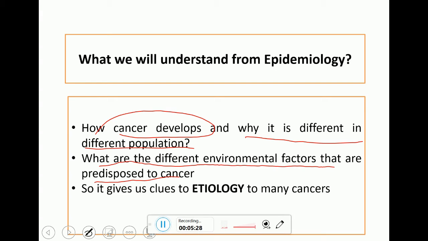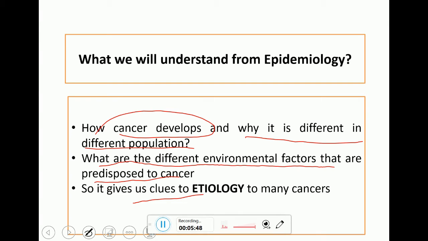So we will understand the role of those environmental factors in the development of cancer, and which factors give an individual more chance of developing cancer. So basically it gives a clue to the etiology of many cancers.